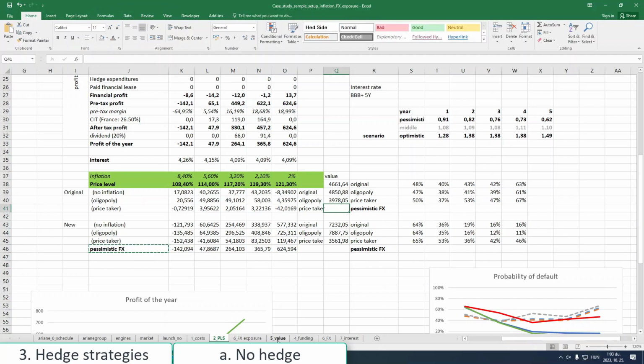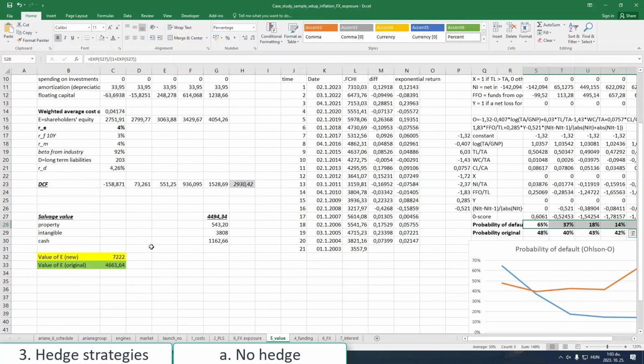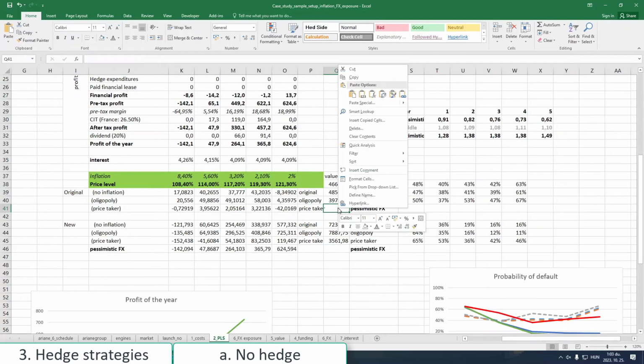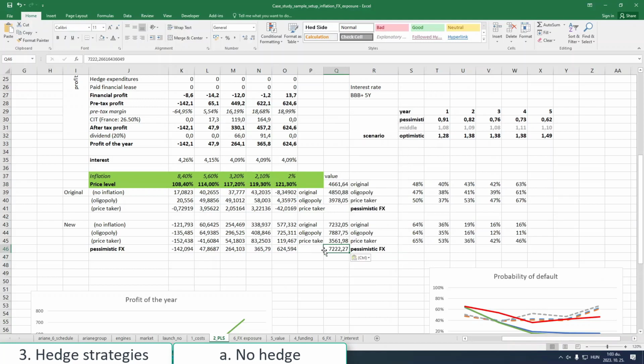So let's go to the value and let's grab also 300 something. Okay. 3000. We can live with that, just before falling from this to there with the oligopoly.